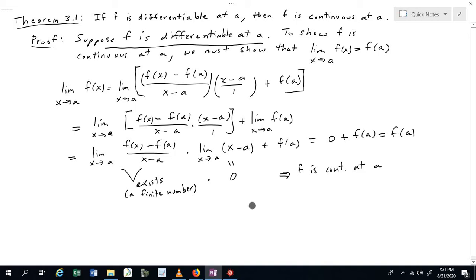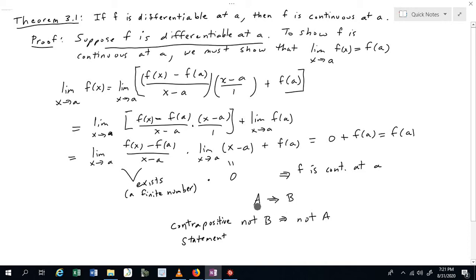Now, one thing I want to mention is, in terms of pure logic, if someone tells you A implies B, then there's the contrapositive statement to this, which also must be true. The contrapositive statement says that if it's not B, that implies that it's not A. Hopefully this makes sense.